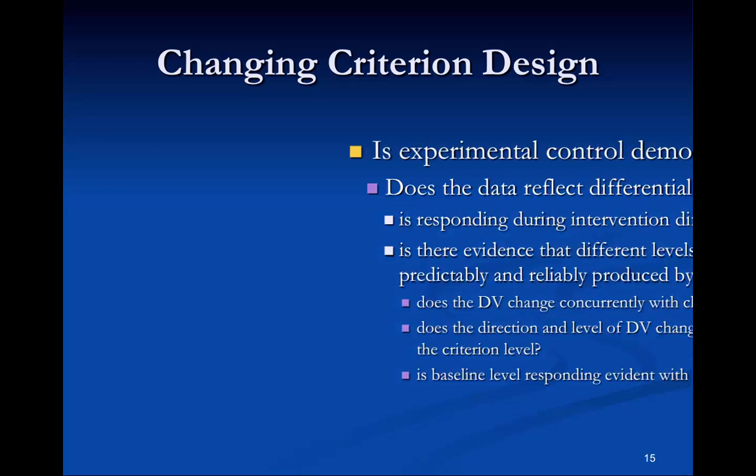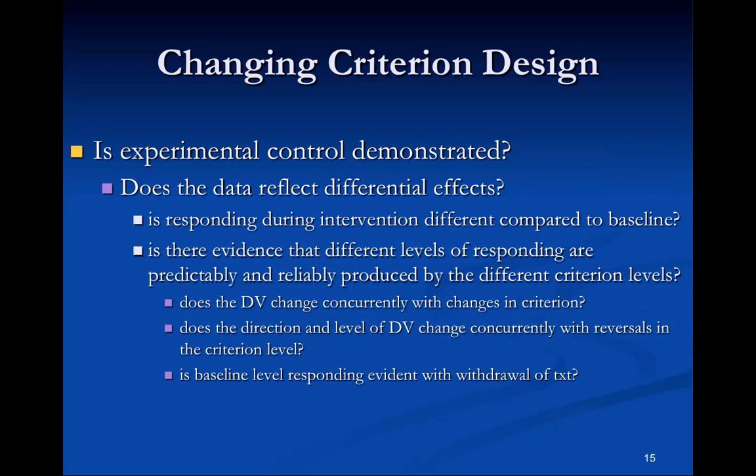All right, baseline prediction, we talked about that. Is experimental control demonstrated? Does the data reflect differential effects? If the responding during the intervention is different compared to baseline, is there evidence that the different levels of responding are predictably and reliably produced by the different criterion levels?